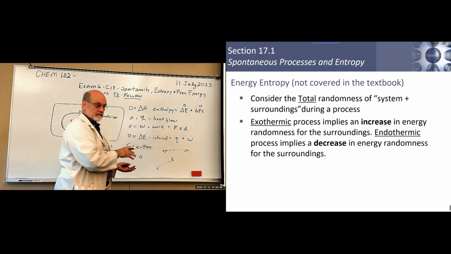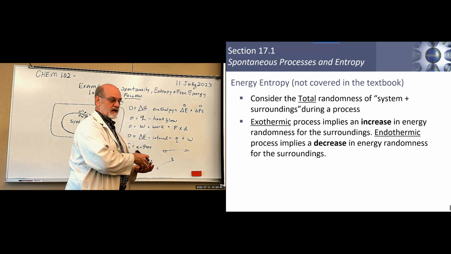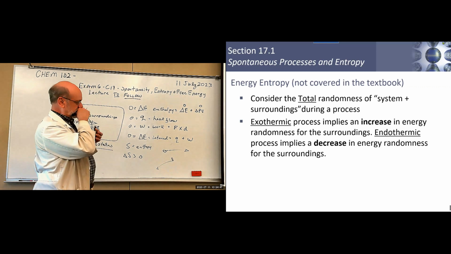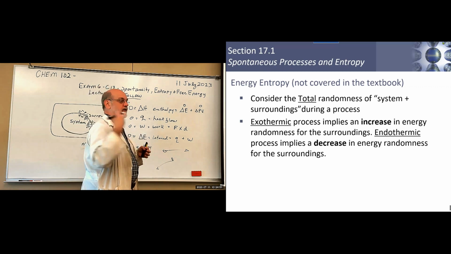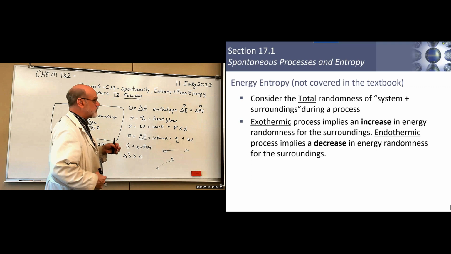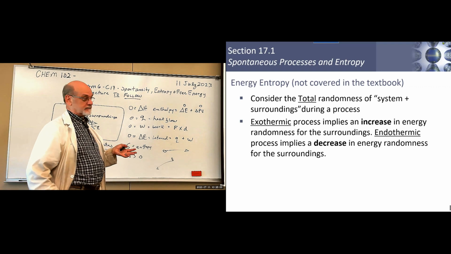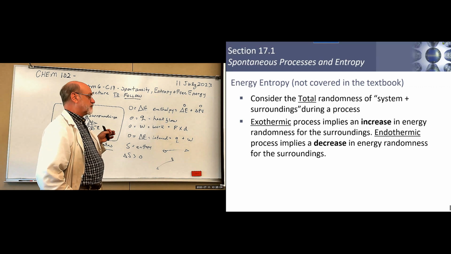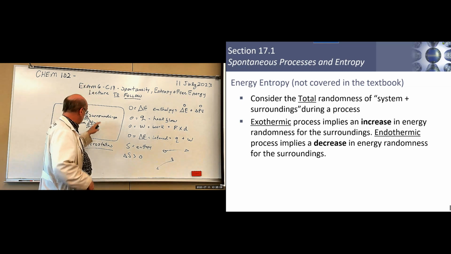Going further, you extract more energy from that liquid and make a solid. And what you're doing is changing the number of microstates by extracting energy from the system. So we can view that in terms of energy entropy. An exothermic process implies that there's an increase in energy randomness for the surroundings.